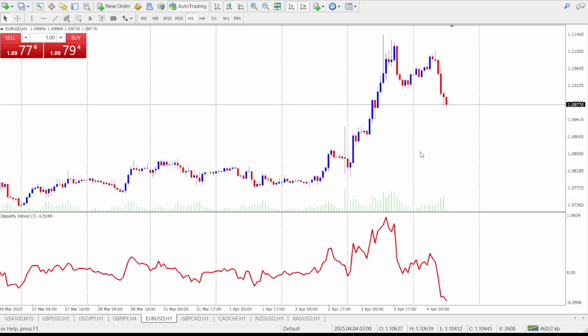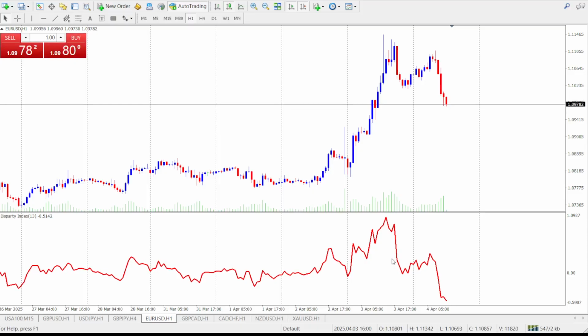So this index is built on a super effective trend following strategy that delivers instant alerts when the market is about to reverse or when the current trend is about to continue. So how does it work? Well, it acts as a momentum indicator, as you can see, designed specifically to show you when the market strength is shifting.